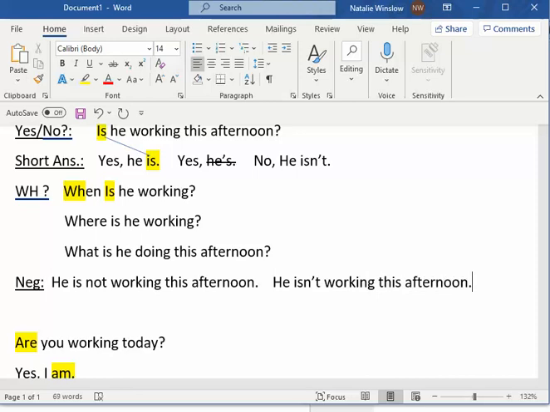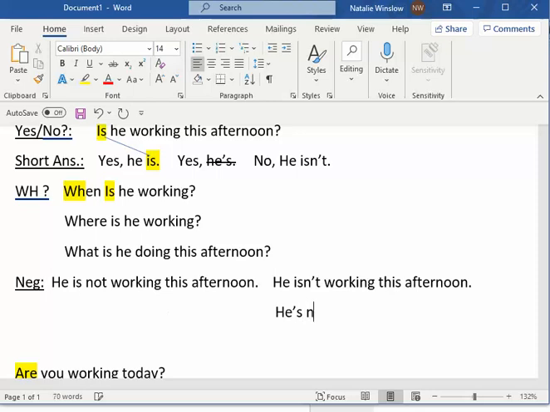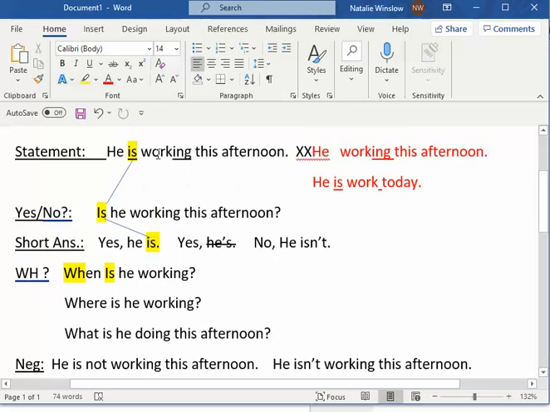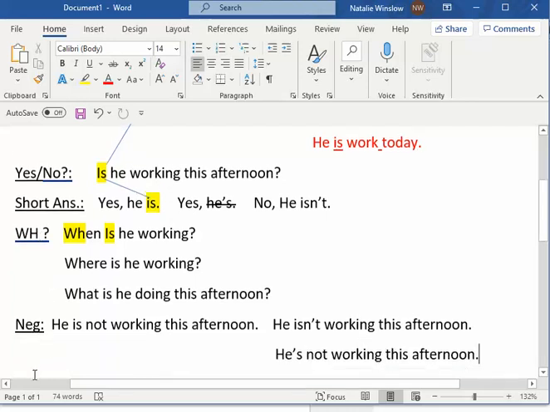There are different ways you can contract with the negative. You could say, he's not working this afternoon. They are all okay. All right, so that is the structure of the present progressive: asking yes/no questions, short answer, WH, negative.